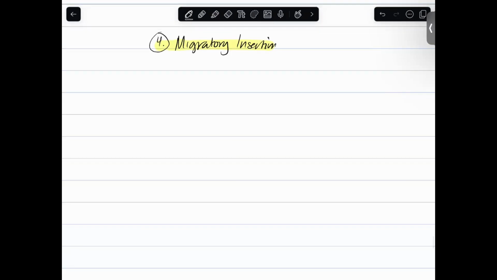And so migratory insertion assumes that you've got your metal complex and you've got these two organic groups, A and B. A being your electrophile and B being your nucleophile.